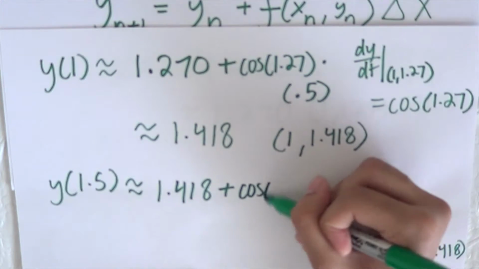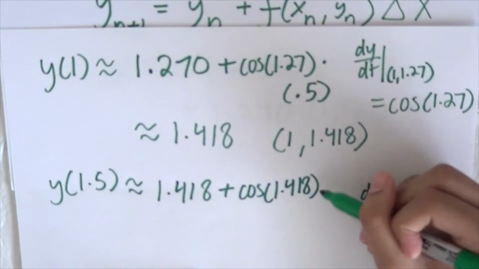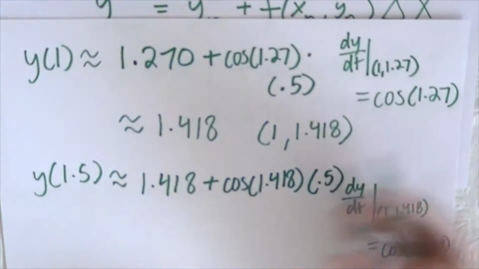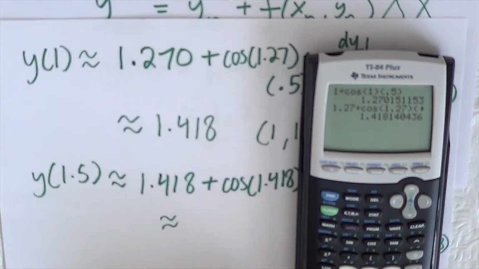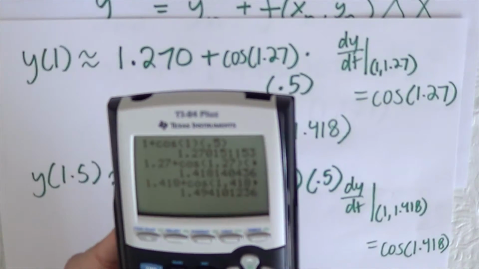So we plug that into our equation, and we multiply that by our delta t, which is 0.5, and now we plug it into the calculator. 1.418 plus cosine 1.418 times 0.5, and that equals 1.494.